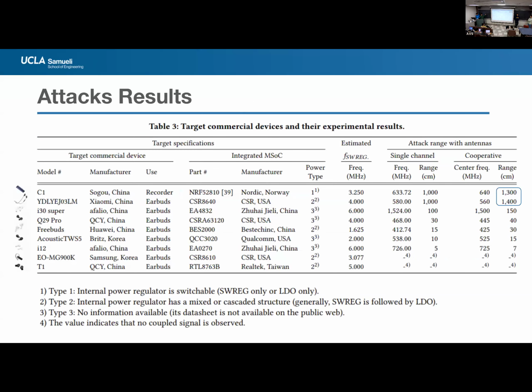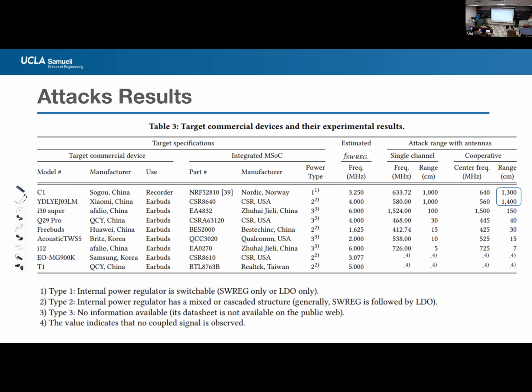It's done on all these devices, but there are two important findings, the first one and the second one. The voice recorder is significant because it can reach 13 meters. One reason is that it's a type 1 power regulator, which means it only has a switching regulator, so the switching action is a lot more, and the information couples in easily.